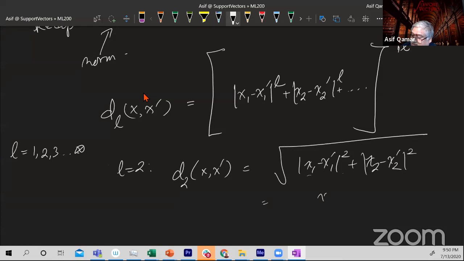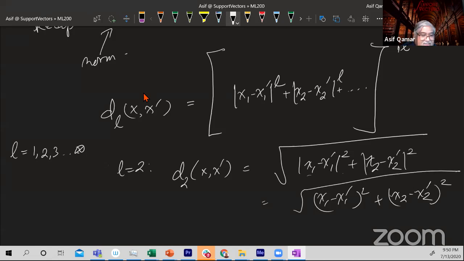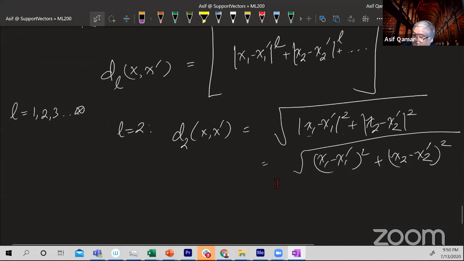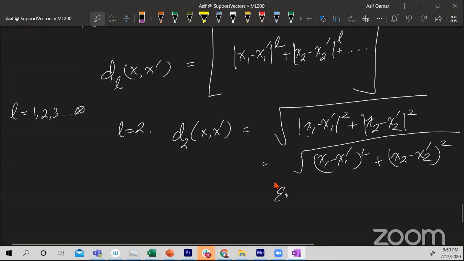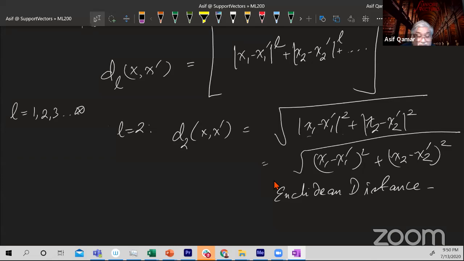This you remember from your basic high school pre-calculus or algebra. What is this? This is your Euclidean distance.